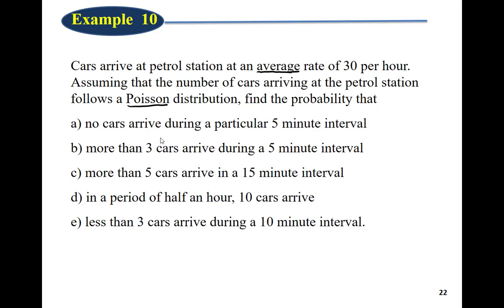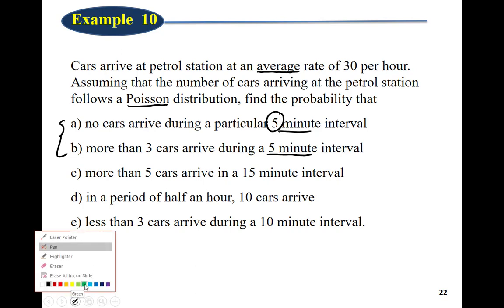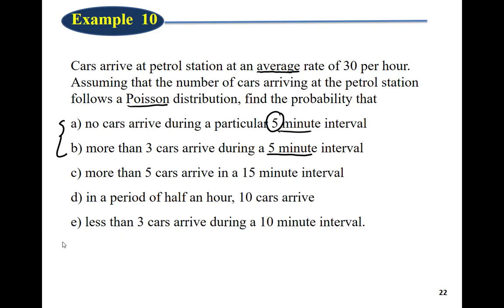For question A and question B, the interval is 5 minutes, so we are going to change the lambda. This 30 is for 60 minutes.